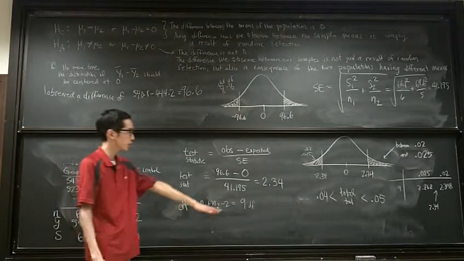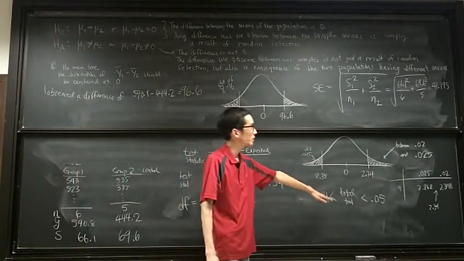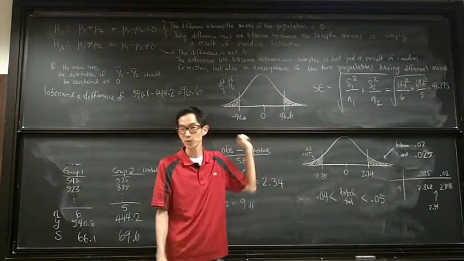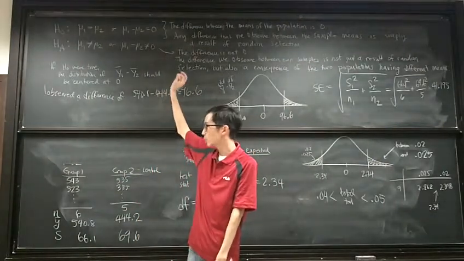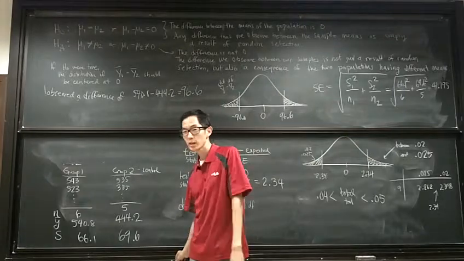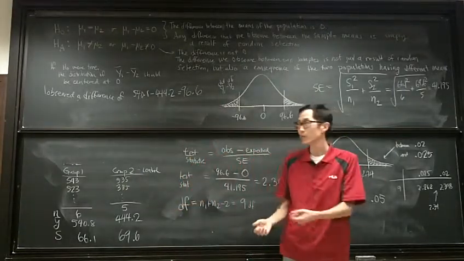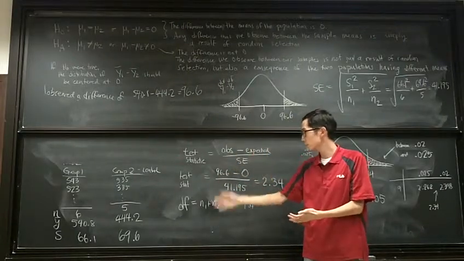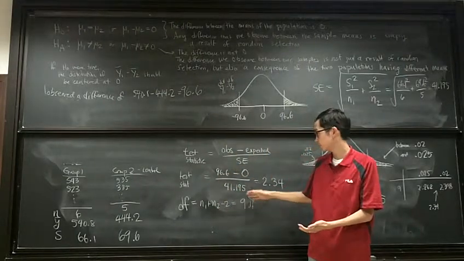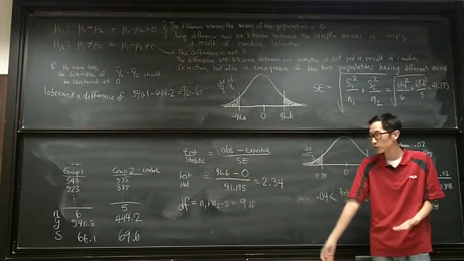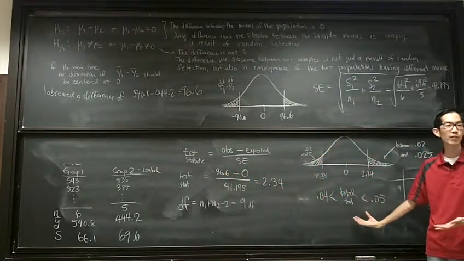So at this point, the probability of observing my data or something more extreme, if we assume the null hypothesis were true, so if we assume that the populations had equal means, the probability that I take two samples and just by chance get a difference of 96.6, the probability of that happening just by random chance is somewhere between 4 and 5%.